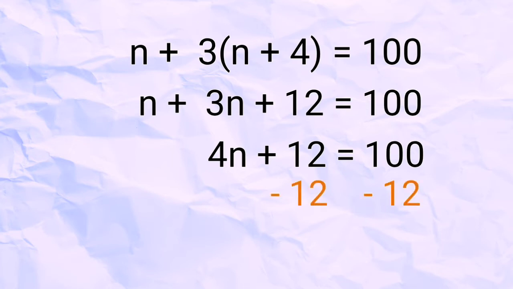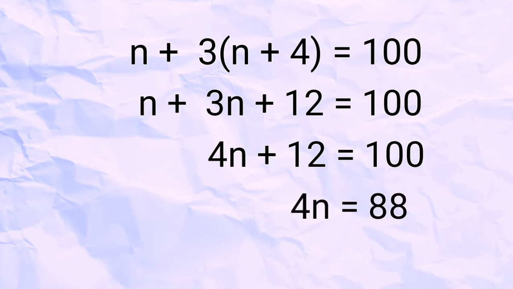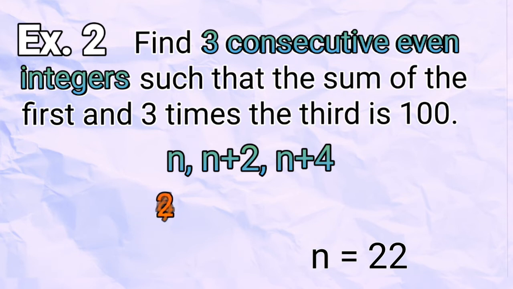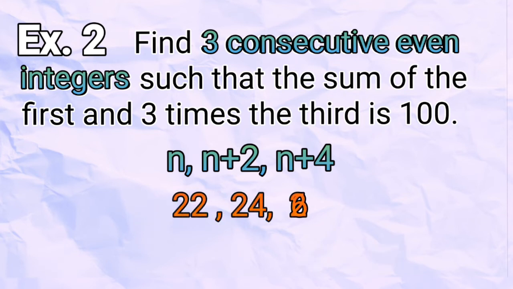Then we subtract 12 from both sides of the equation, and we get 4n equals 88. Now we divide both sides by 4, and we get n is equal to 22. So our 3 consecutive even integers are 22, 24, and 26.